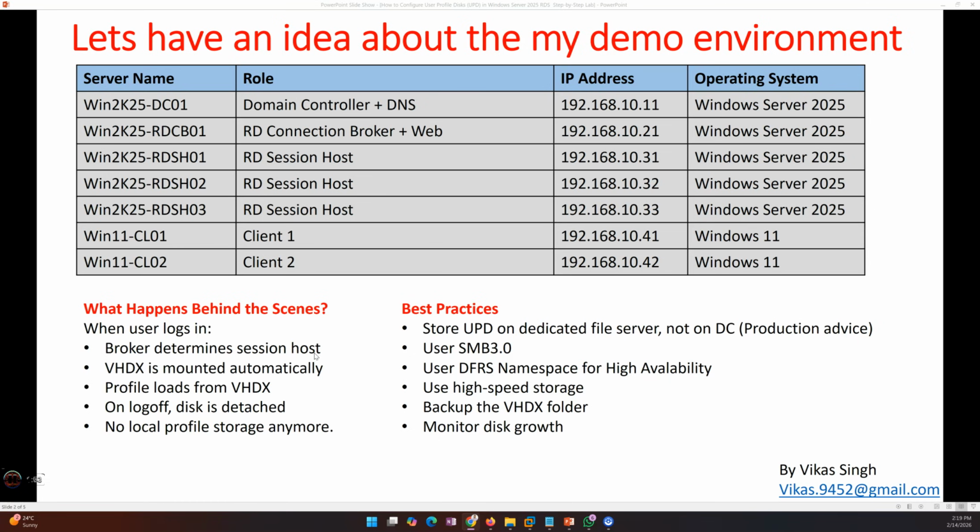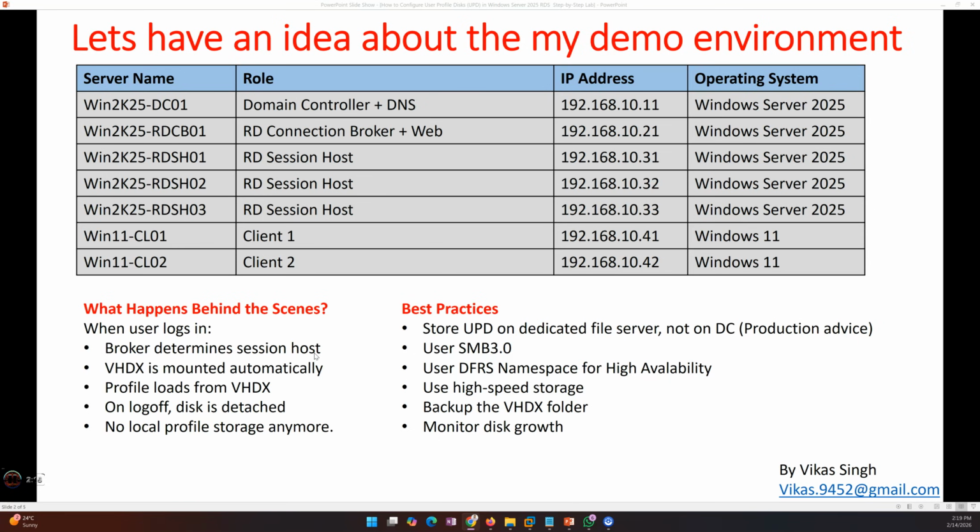Once the host is determined, the VHDX file is automatically mounted for that particular user profile, and the profile loads from the VHDX. On logoff, the disk gets detached from the session host server, so no local profiles are stored anymore.